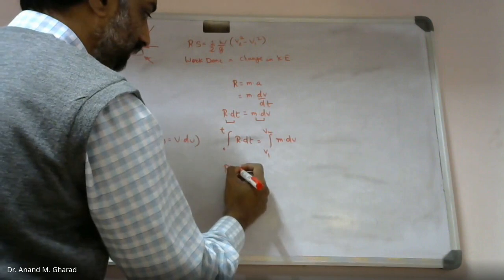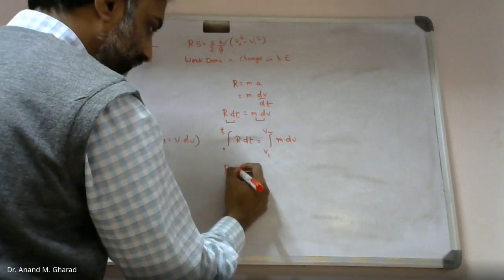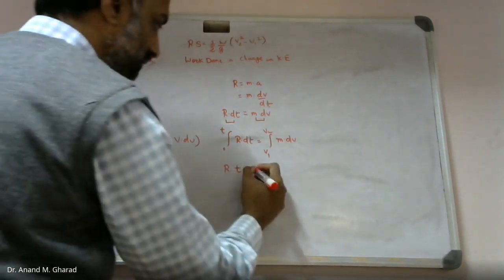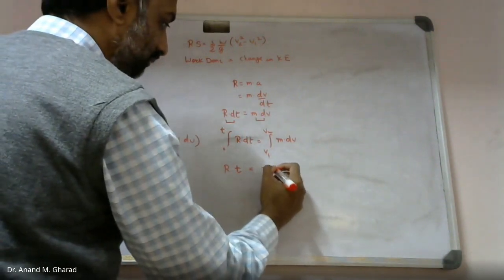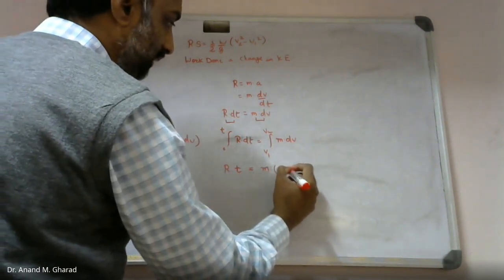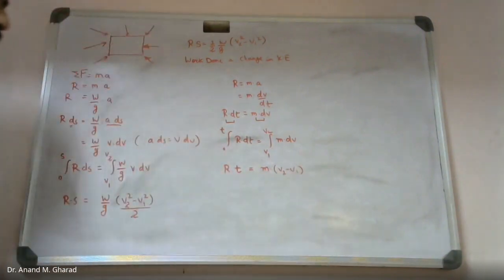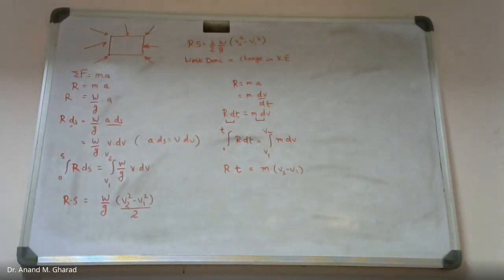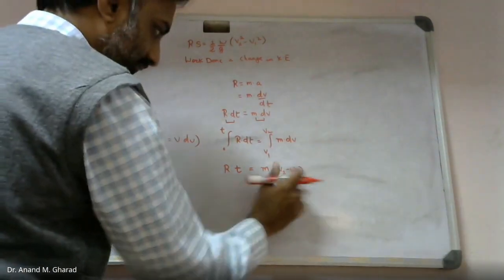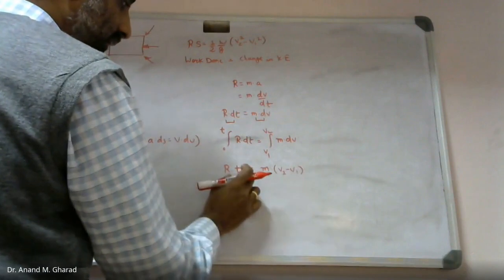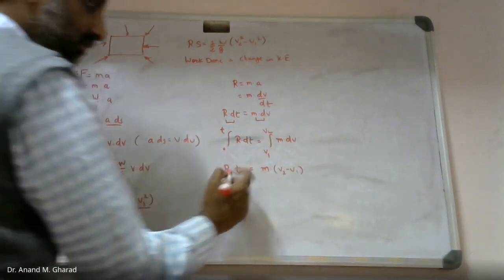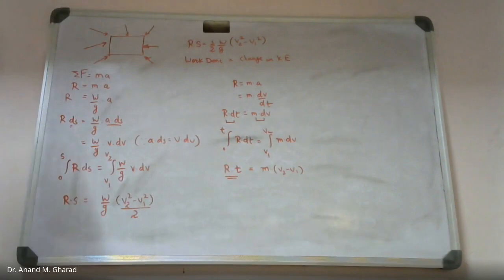R into t is equal to m into (v2 minus v1). So again, over here we find change in the momentum. If we express this, this is nothing but change in momentum. And the left hand side of the equation is known as impulse. So this equation is known as the impulse momentum equation, right?